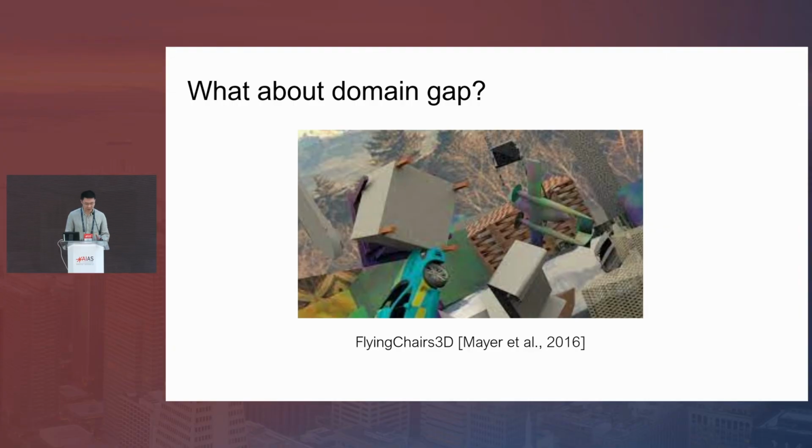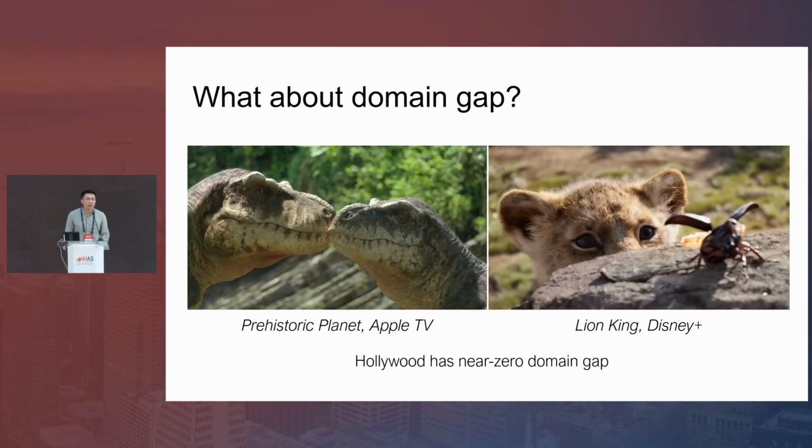It looks like this, right? It's very not photorealistic. However, I would say that this is not a fundamental technical barrier, because Hollywood has shown us how to make synthetic images arbitrarily photoreal. So it's mostly a matter of cost and effort.